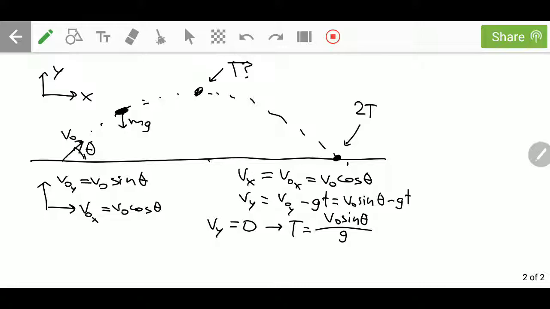Another way to see this is by the kinematics equation that the total displacement will be equal to the initial velocity plus the final velocity over 2, times the time. Since this projectile reaches the same y level that it started with, namely the ground, for this to be 0, the final velocity would have to be the negative of the initial velocity in the y direction.